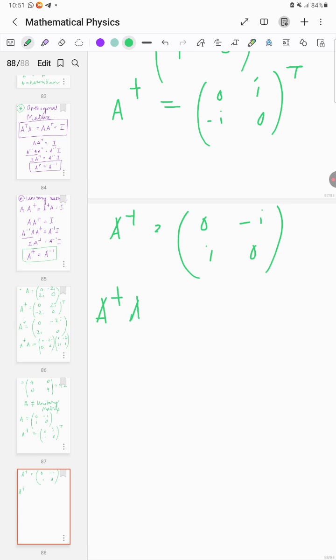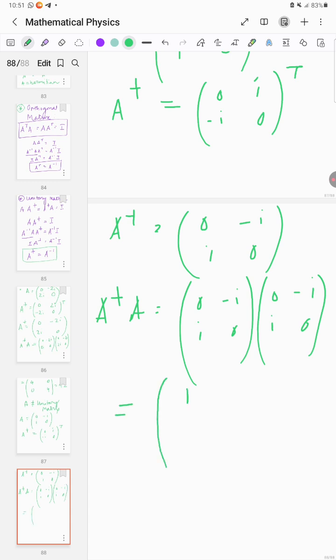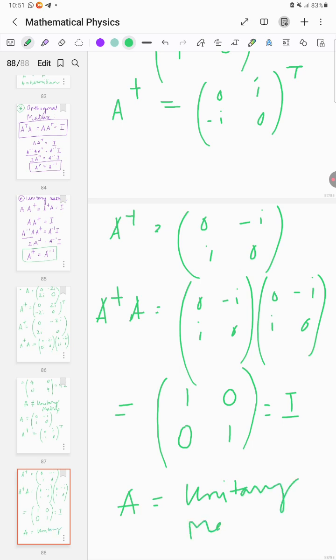And A dagger A changes to [0, minus iota; iota, 0] times [0, minus iota; iota, 0], which is equal to [1, 0; 0, 1], right, which is equal to the identity. So here we can say that A is a unitary matrix, right?